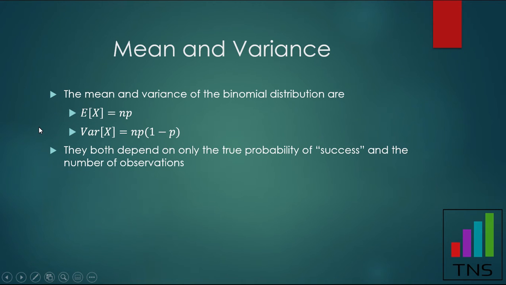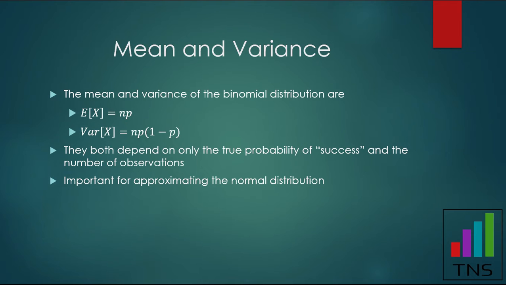Again, they both depend directly on the true probability of success and the number of observations. So the mean and variance depend only on its parameters, which really depend a lot on the data, as we'll see. And the other important point here is that these two statistics for the binomial distribution can be used to approximate the normal distribution.